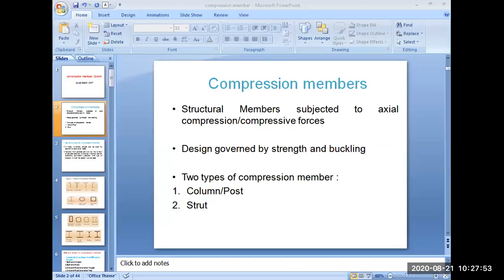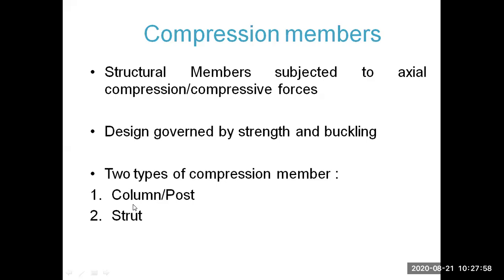Okay, so now what is a strut actually? How do we define the strut? There are two types of strut: continuous strut and discontinuous strut.